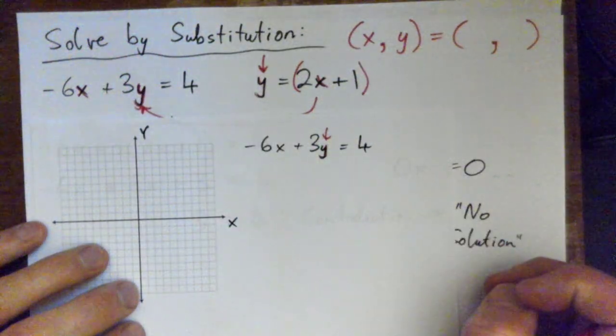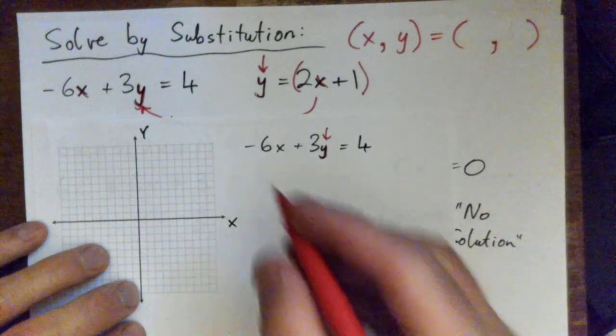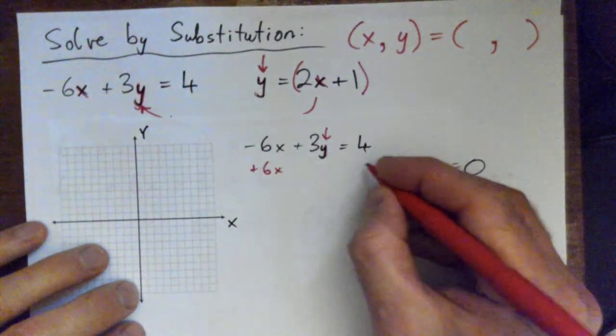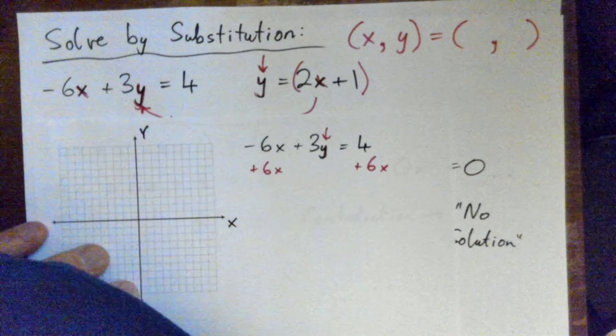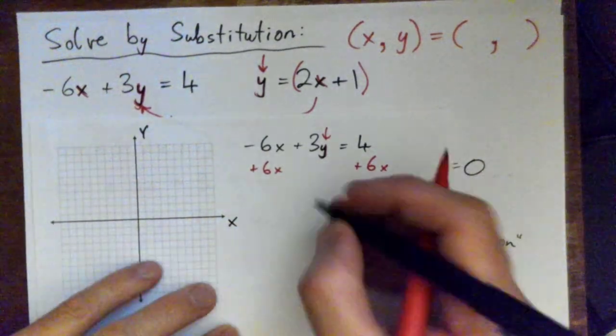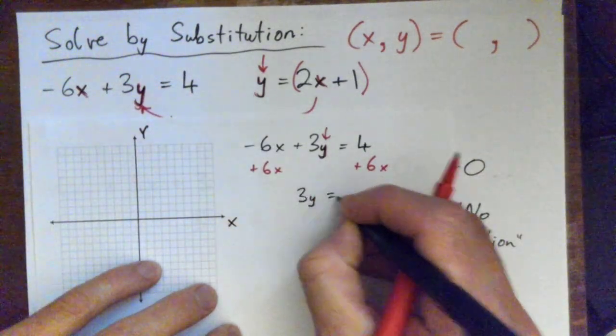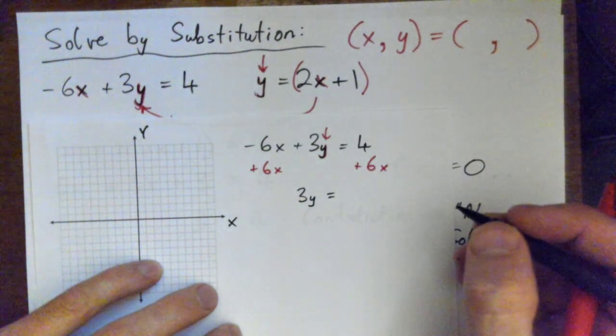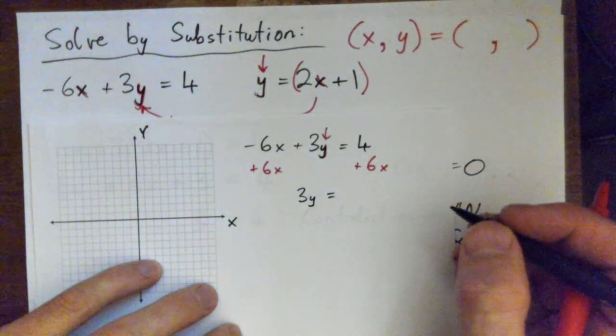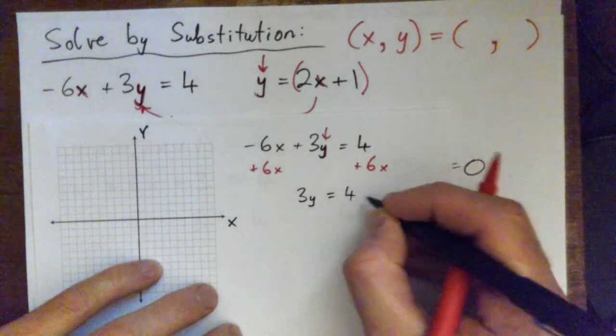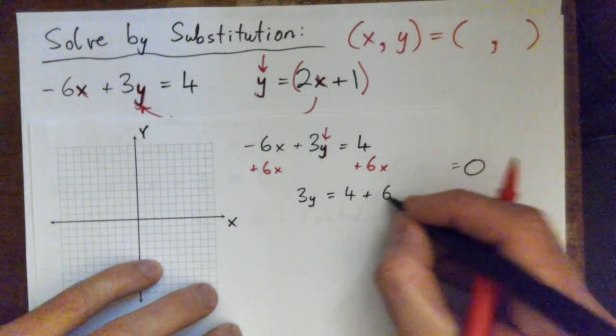So we're going to add 6x to both sides. You got me there yet? So we get 3y equals 6x plus 4. Good. Now to get y on its own, what do I need to do?